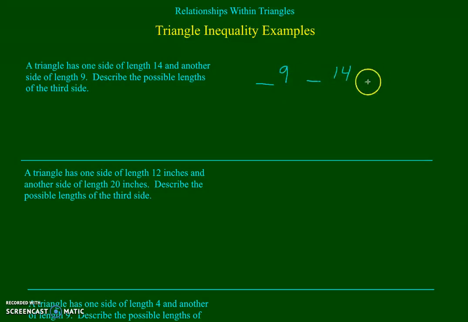Because is there a number to this side which would be greater than 14, but 9 plus 14 is less than that number? And the answer is yes. So our possible range is some number less than 9 and some number greater than 14.